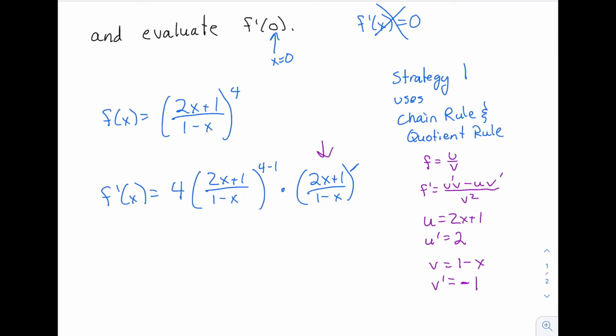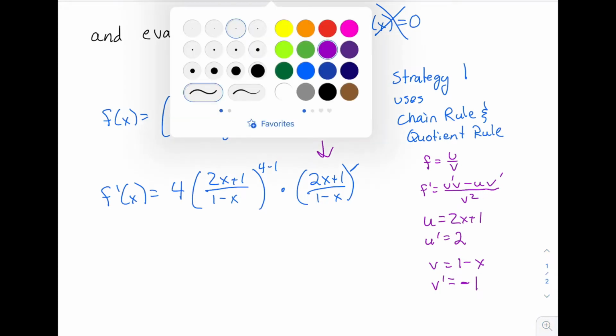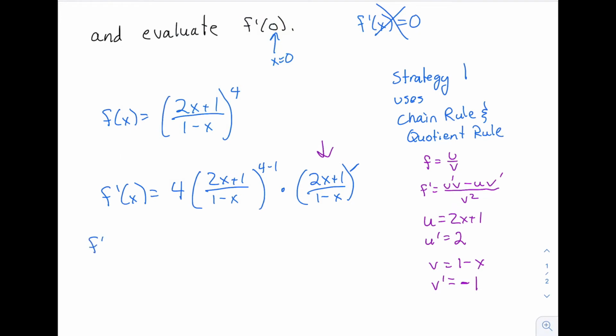Then I can come back here to my next line of work. I'll have the derivative is 4 times 2x plus 1 over 1 minus x to the third power. And then I'm going to fill in here with my quotient rule.